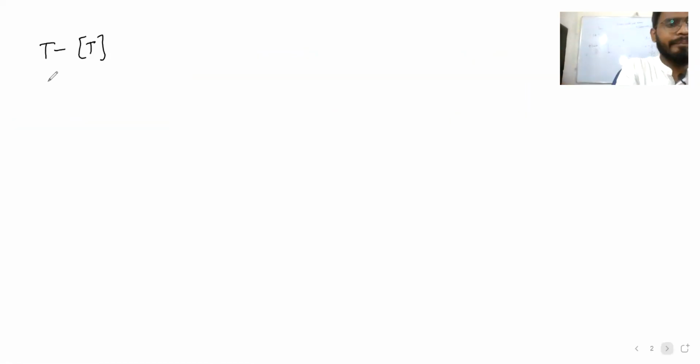The dimension of mass is M, since mass is in kg.